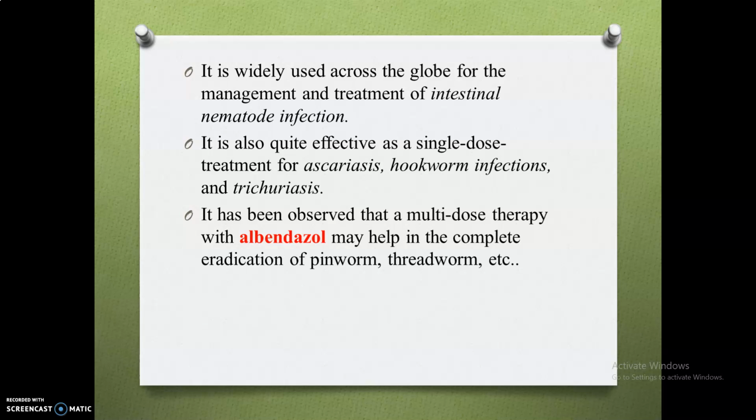It is also quite effective as a single dose treatment for Ascaris, hookworm infections, and trichuriasis. It has been observed that a multi-dose therapy with albendazole may help in the complete eradication of pinworm and threadworm, etc.